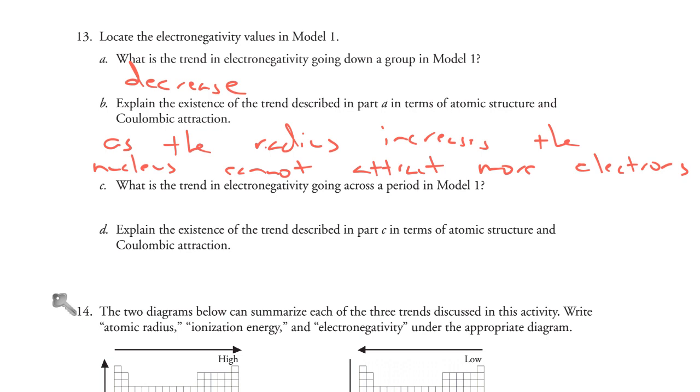So as we go across, the electronegativity is going to increase. Explain this increase.